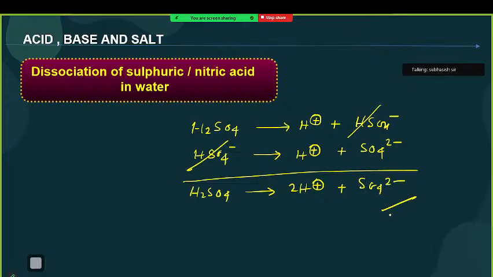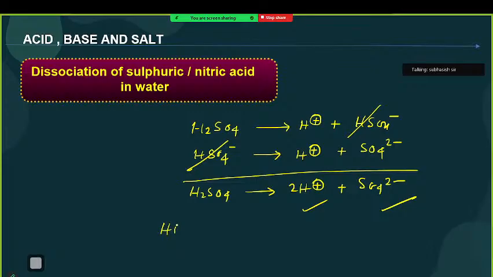So sulfuric acid dissociates in aqueous solution in this way. A single molecule of H2SO4 gives two H plus ions.